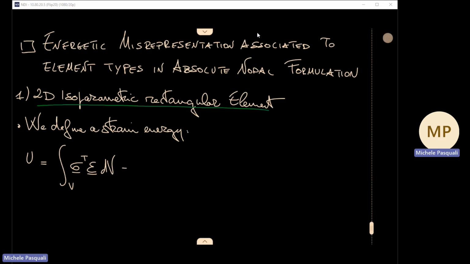Now, since we are in the 2D case, we can take out the thickness, basically, and perform the integration over the area. And the stresses, as we already know, are basically the product of the strain and, in this case, the elastic constant matrix.